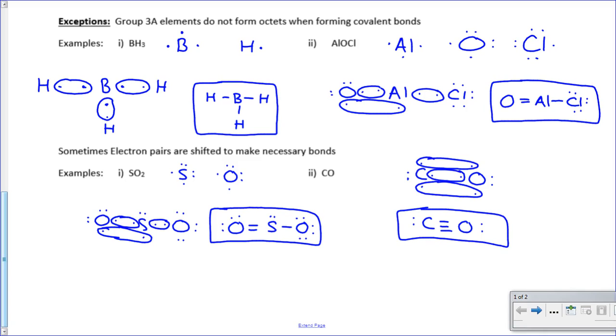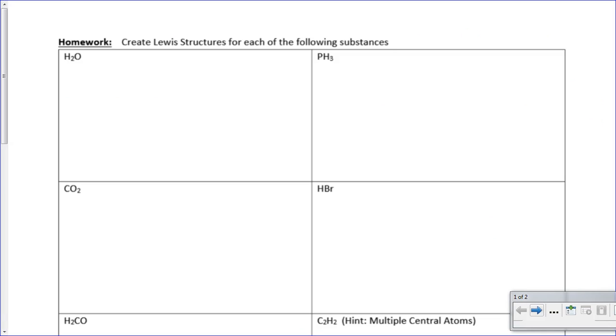And so these things where the electrons are getting shifted around, they're not normal substances, and as I said, they're not as stable as the other ones that we were doing on the top of this page, but they do exist, and so I want you to know how to do the Lewis structures for them, and so this is kind of what we end up with here.